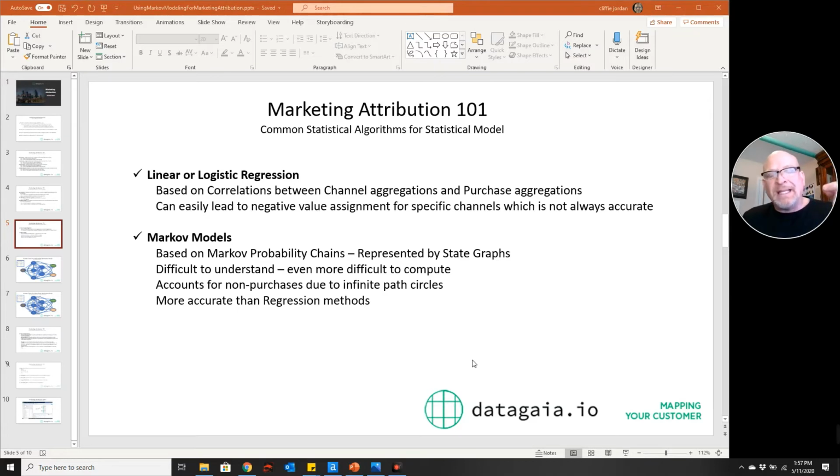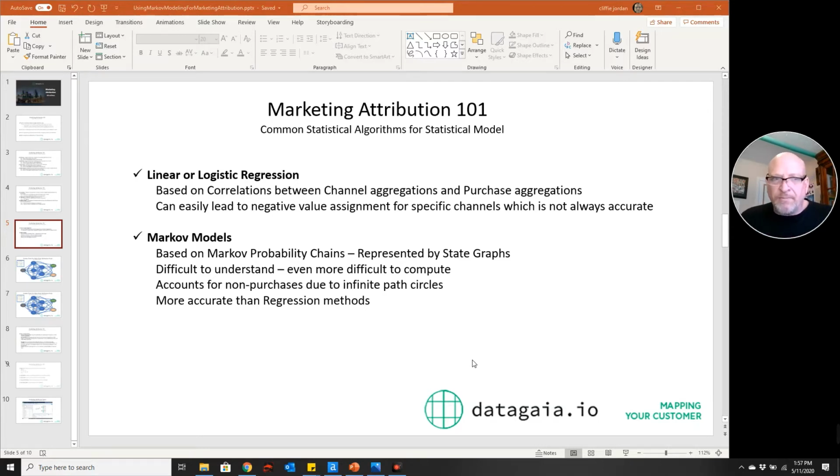Okay, in the case of a regression, the whole attribution is based purely on correlations between the channels, the amount of activity on the channels, the number of touches, and the final sales. Okay, one of the problems with linear and logistic regression is that it can lead to what we call a negative value assignment for specific channels, which is not always accurate, and it doesn't make sense in a lot of different cases.